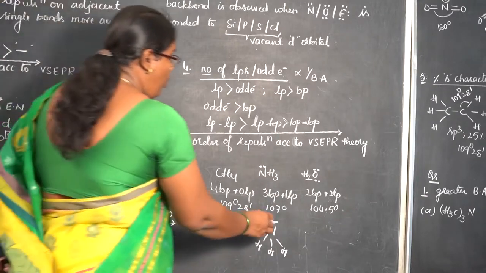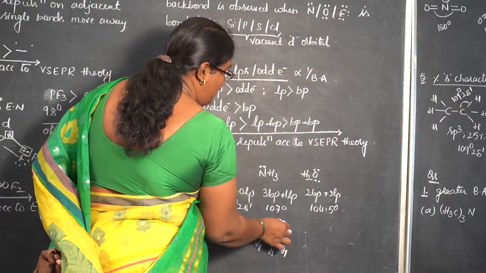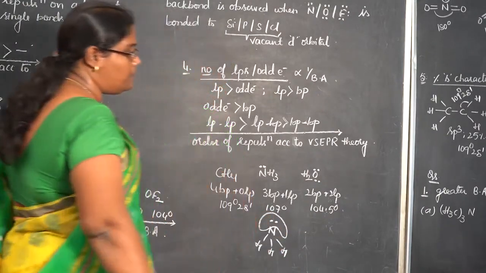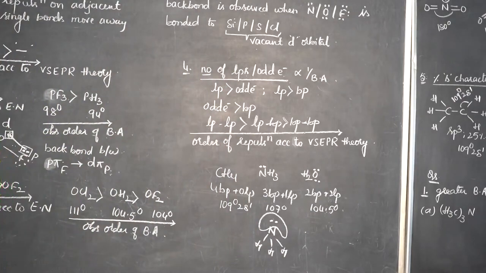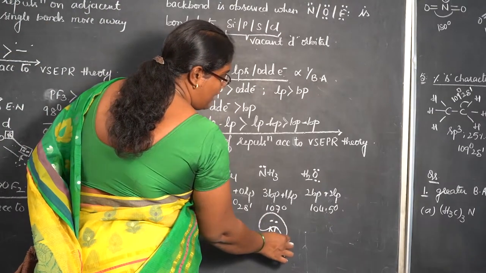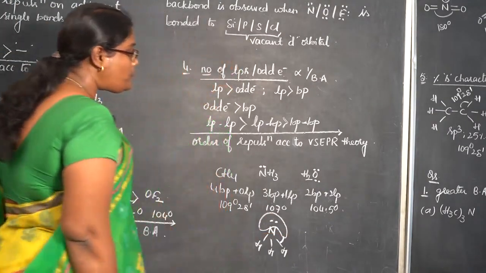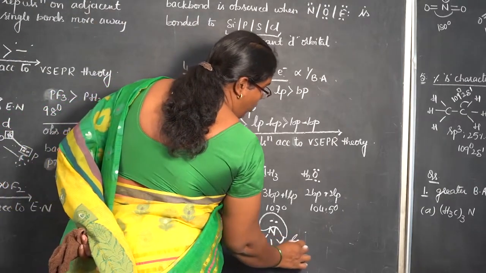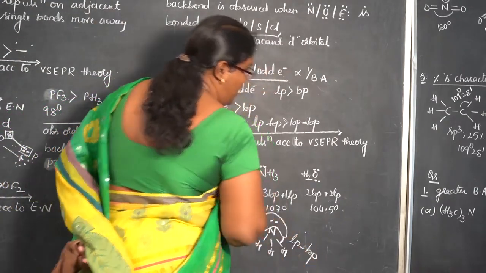So they try to occupy the maximum free space available on the central atom. Due to this, they come in close contact with the bonded pairs. And at this point, we have lone pair-bond pair repulsions.